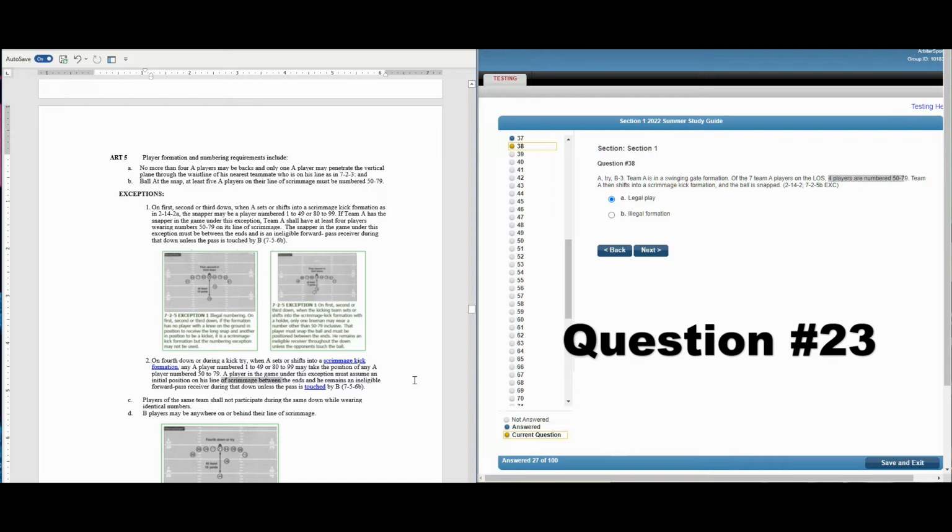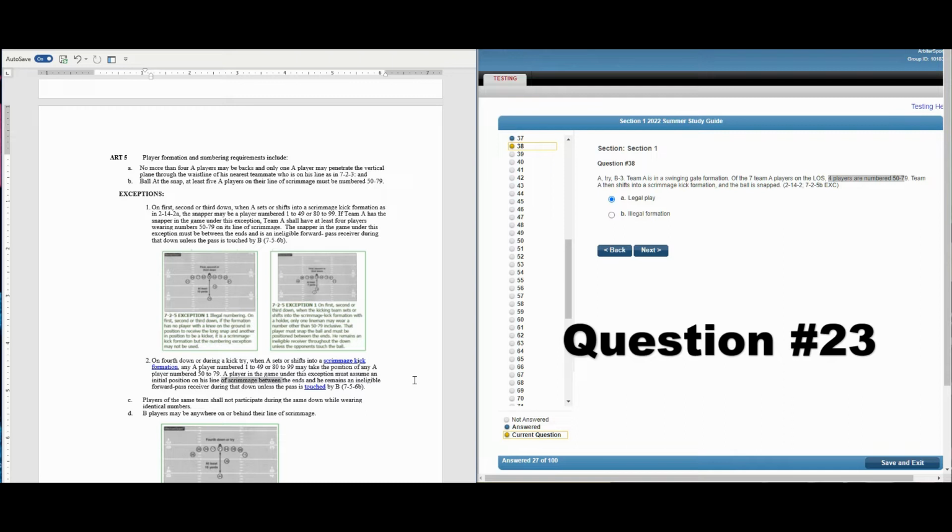So, if they're in a scrimmage kick formation, they can have 4 players numbered 50 through 79 and still be legal. The kicker here is if this team had stayed in that swinging gate formation and snapped the ball, we would have an illegal formation. And we get caught by this all the time. We just don't think about it. So they have to come in and form a legal formation.